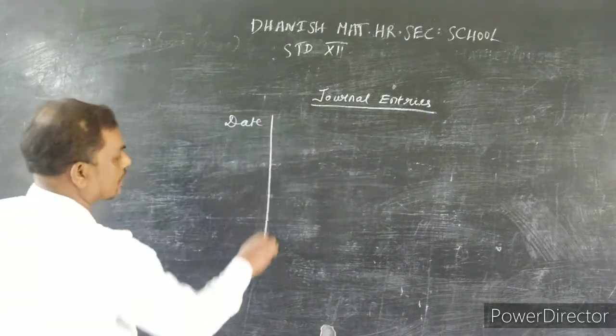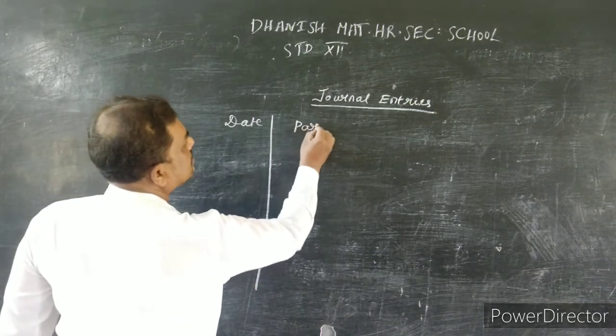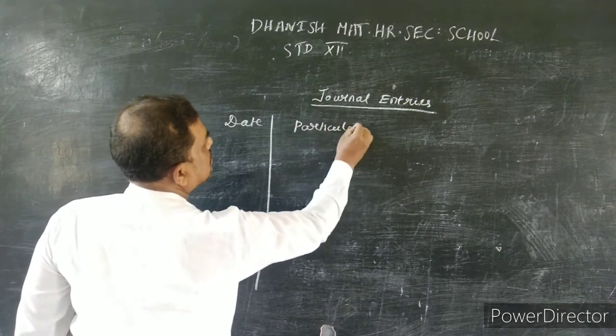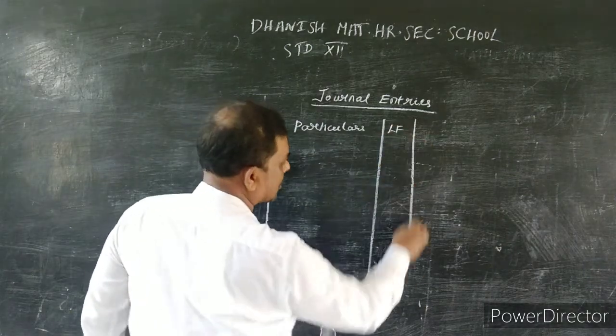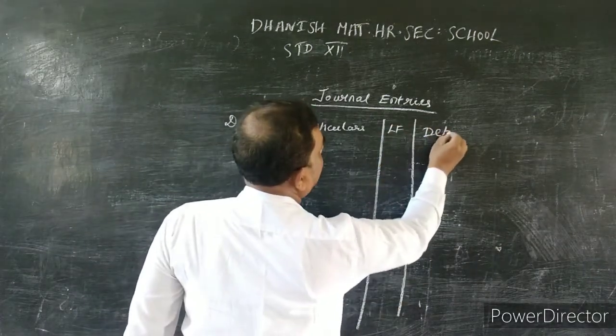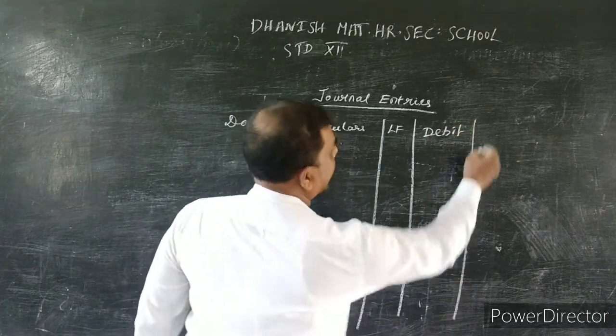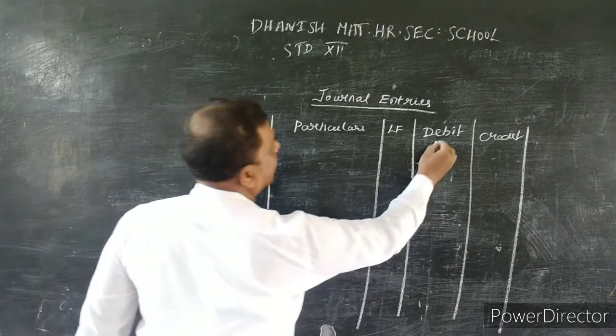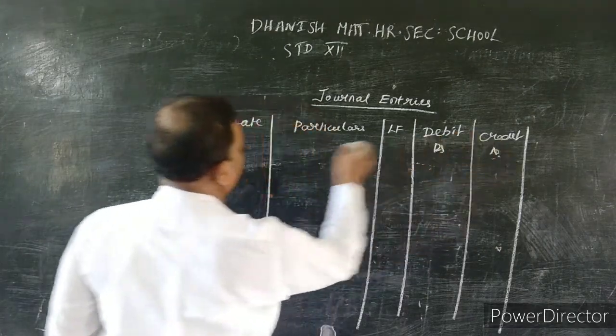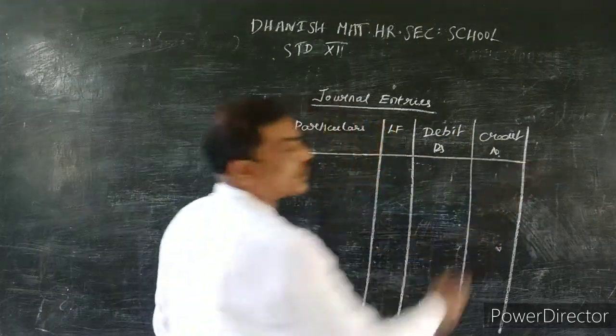Date, particulars, LF, debit and credit. So the usual procedure for journal entry. Listen here, students.